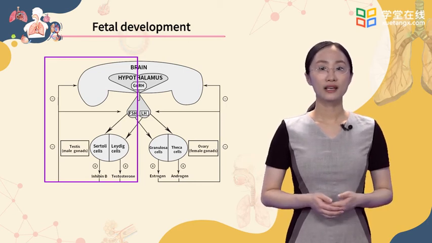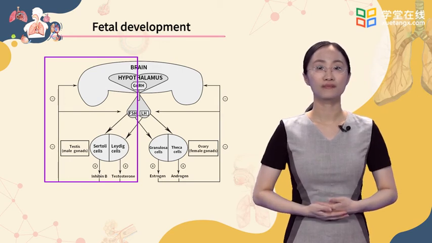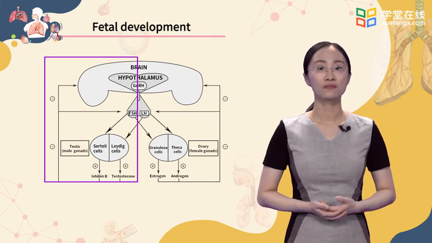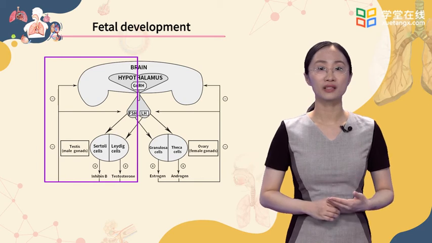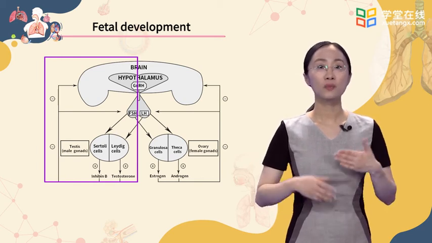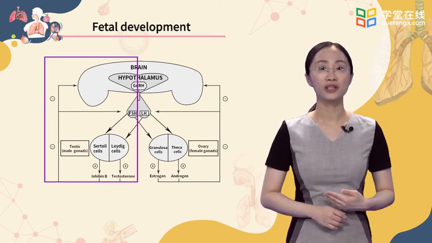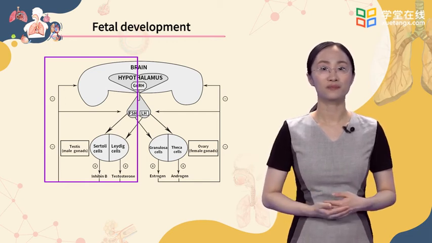LH binds to Leydig cells and stimulates the production of testosterone, whereas FSH binds to Sertoli cells, inducing them to produce androgen-binding protein, or ABP for short, which allows more testosterone to cross the blood-testis barrier and enter the seminiferous tubules.